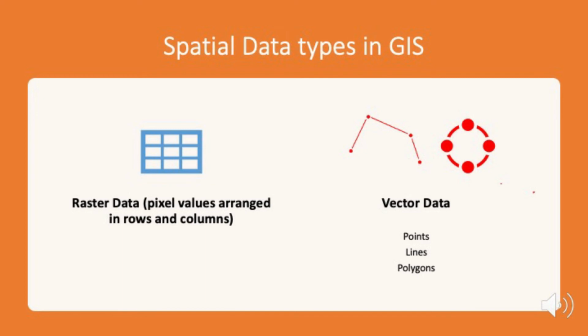Like if you take a picture on your camera, what you see, if you zoom in, you get a lot of pixels, like square boxes. These are actually called pixels, and a computer understands these pixels as numbers. So these numbers are 0, 1, 2, 3, 4, 5, and something like that.